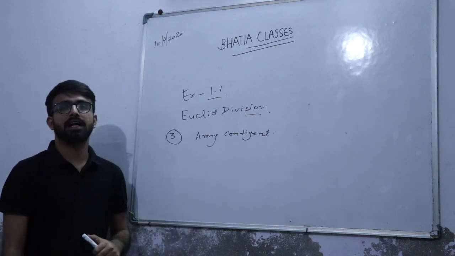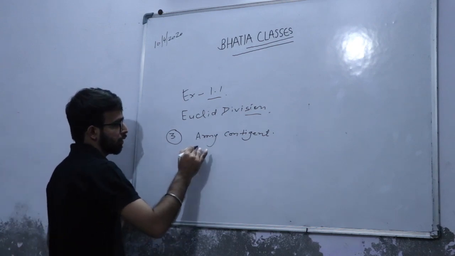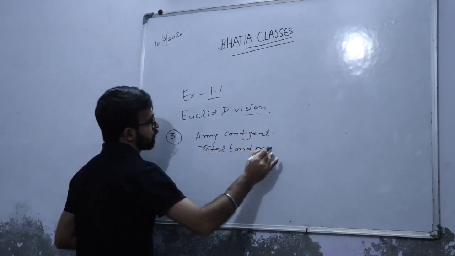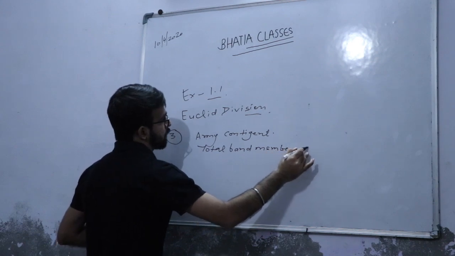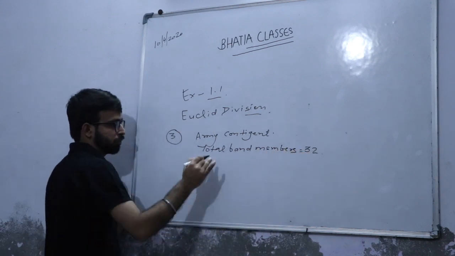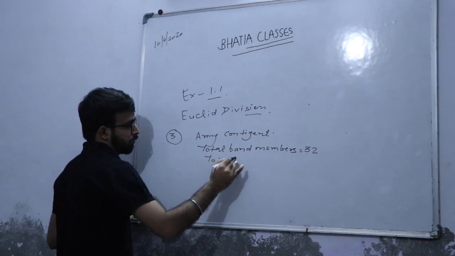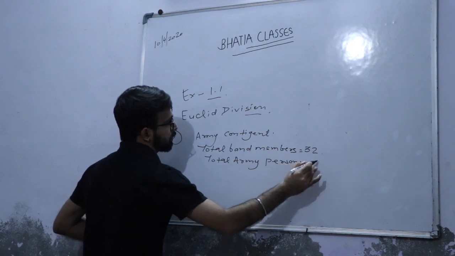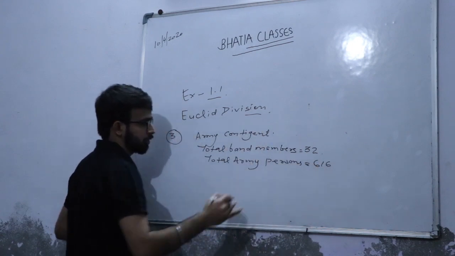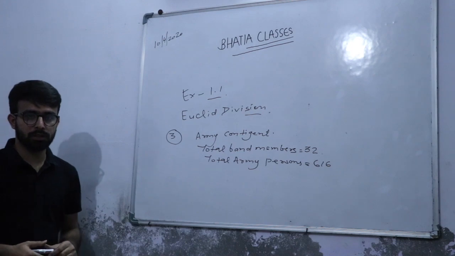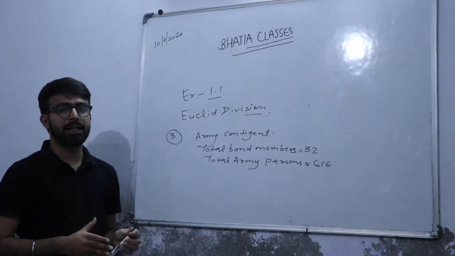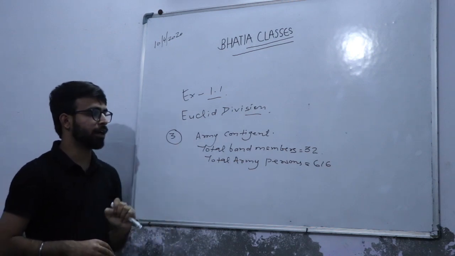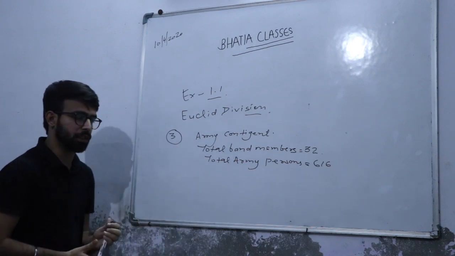I will show you by the simple statements. Total band members is equal to 32. Total army persons is equal to 616. If you are keeping your book with yourself, then you can see in the statement a word maximum. Maximum means you have to find out the HCF of these two numbers.